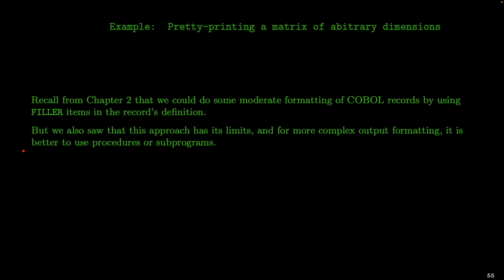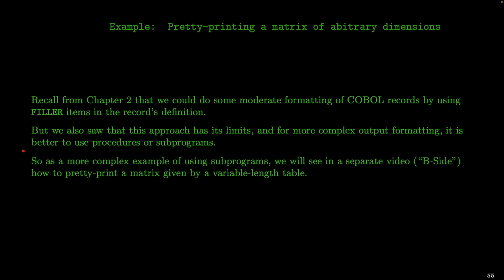So it's better to use procedures or subprograms for that, and this is what I want to do in this matrix printing example. But because this video is long enough as it is, I will not do this right now, but I will record a separate video for that. And this will be called a B-side to the current chapter of my COBOL course.